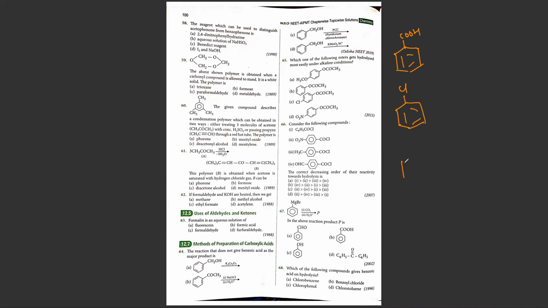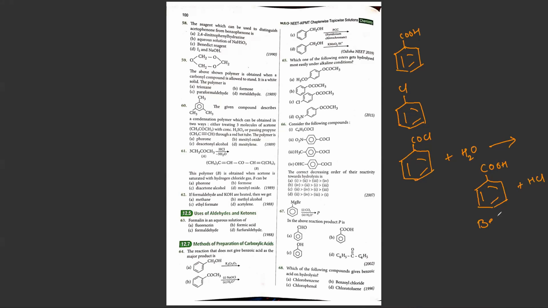Then next is benzoyl chloride. What is benzoyl chloride? Benzoyl chloride is COCl. So benzoyl chloride, if you treat it with water, okay, what will be the reaction? Here COOH is added plus HCl.